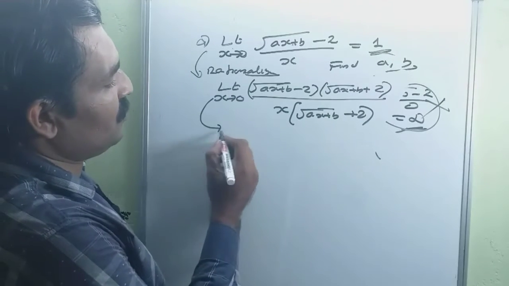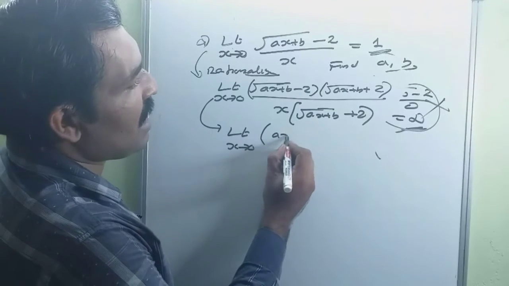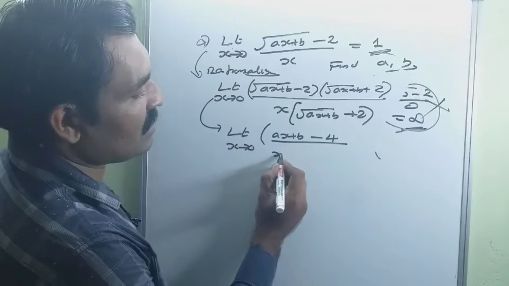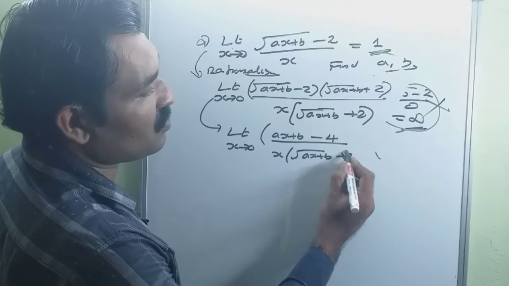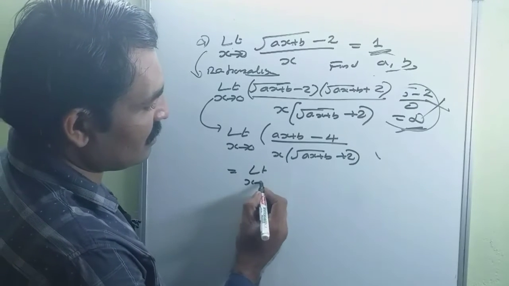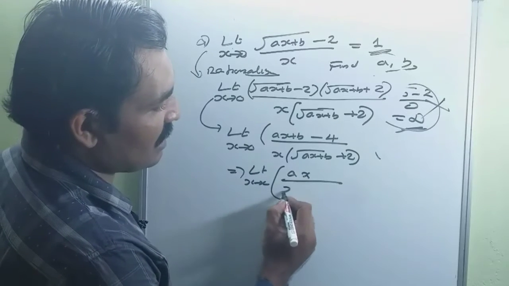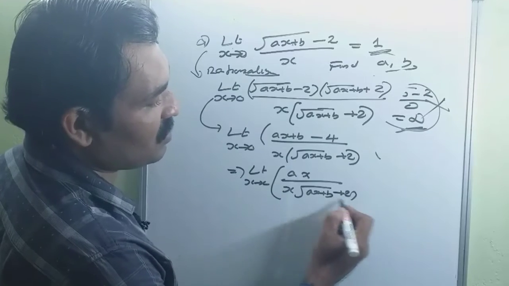Now this is equal to limit x tends to 0, ax plus b minus 4 divided by x into root of ax plus b plus 2, that is equal to limit x tends to 0, ax divided by x into root of ax plus b plus 2.